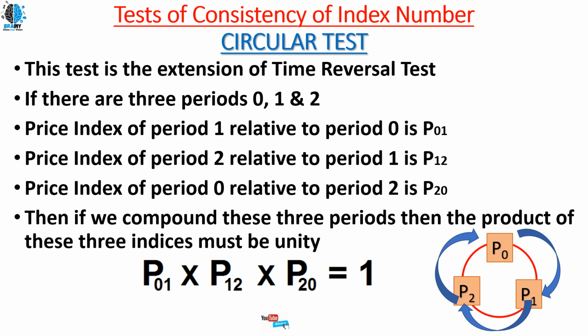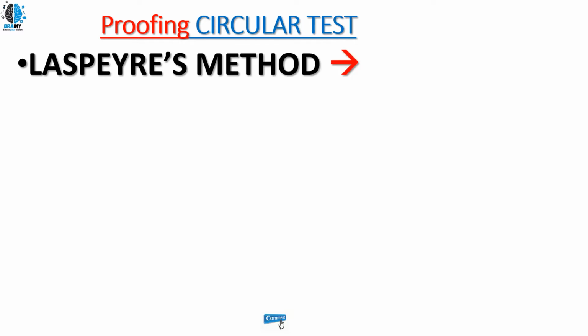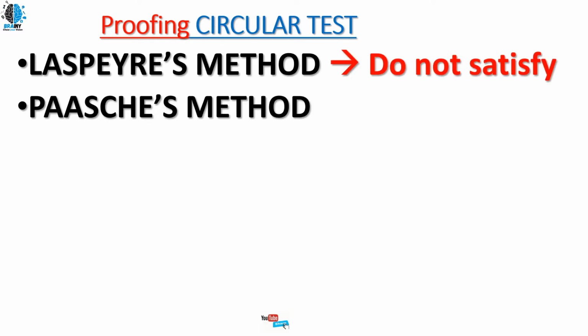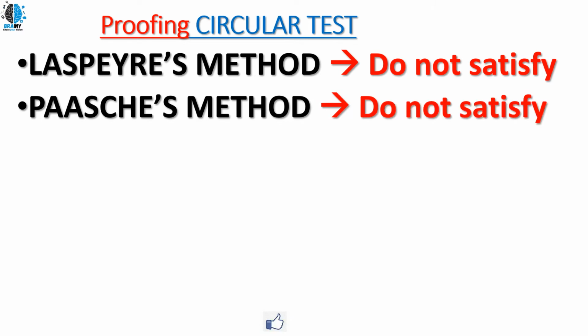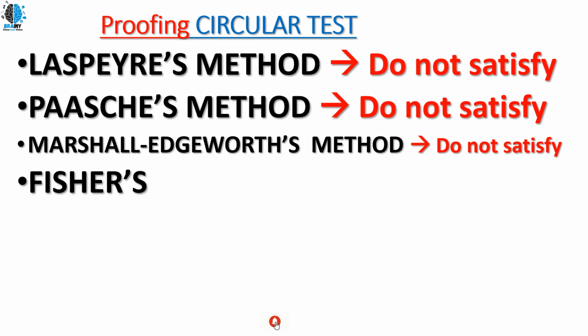So let's see what are the different formulas which satisfy the circular test. Laspeyres method is not going to satisfy the circular test. Paasche method is also not going to satisfy it. Marshall-Edgeworth method is not going to satisfy it.